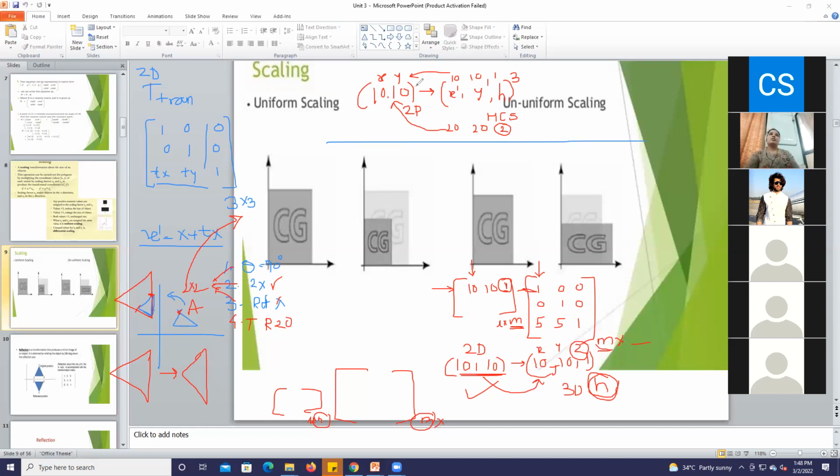Can you tell me the relation between xy, x dash, y dash, h? x dash म्हणजे काय? 20 समजा. x dash is 20. x dash पासून x मिळवायचा असेल तर काय करावं लागेल मला? 20 divided by 2 करावं लागेल. बरोबर आहे, कारण ह्याला मी यांनी मल्टिप्लाय करते मग हे येतंय, म्हणजेच काय होईल? आय कॅन राईट x dash divided by h is equal to your original x. तसंच y dash divided by h is equal to your original y.